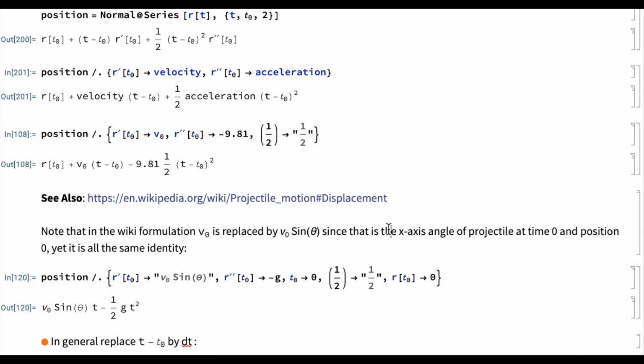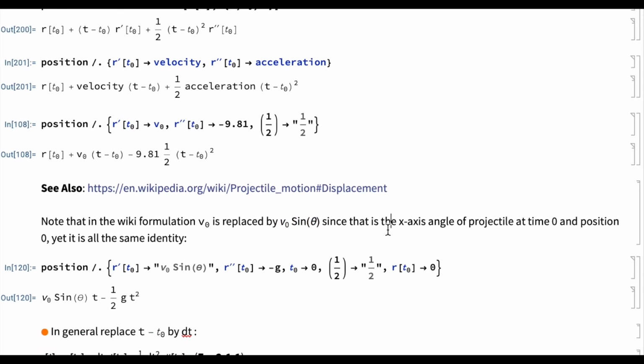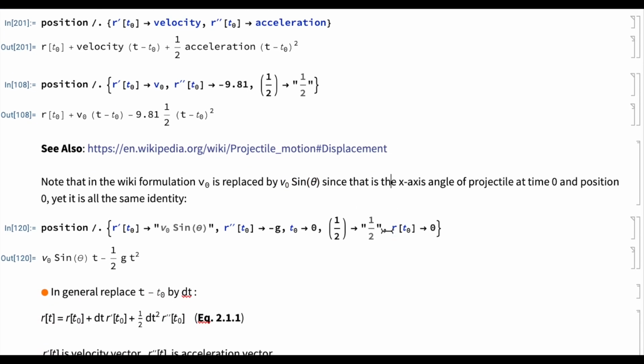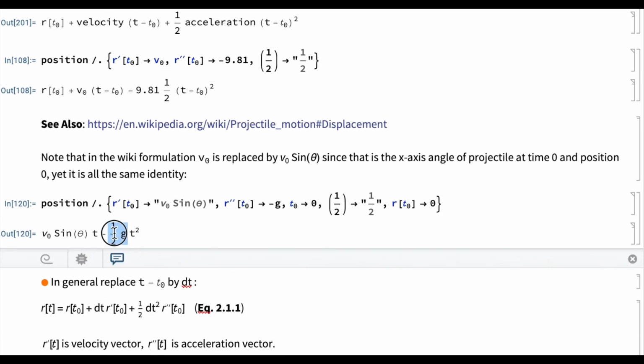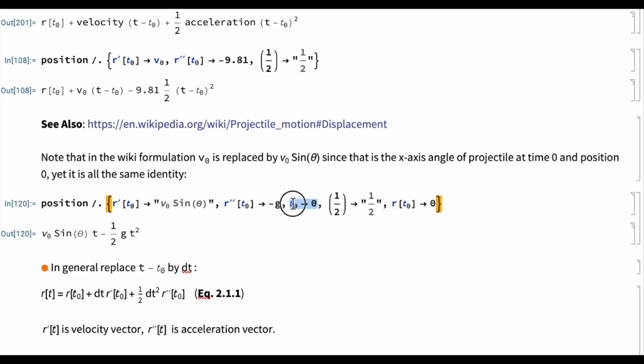The real nitty-gritty details of this are not very important. What is important is that you're getting, for the second law, some sort of acceleration divided by 2 times t squared, and this over here, initial velocity values per axis times time t. We assume that t0 goes to 0.